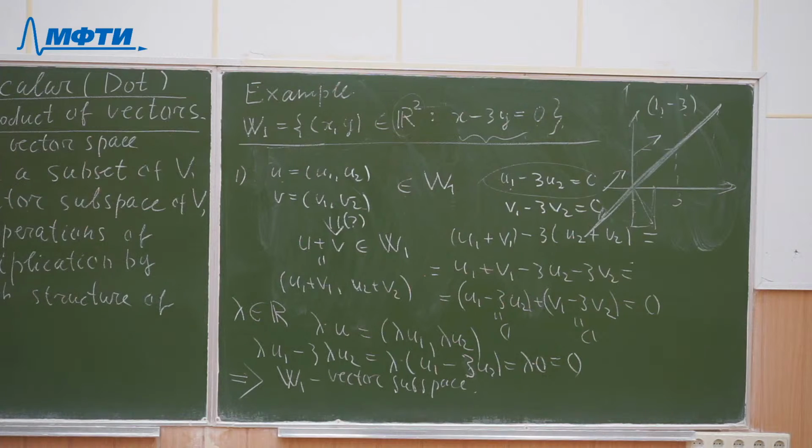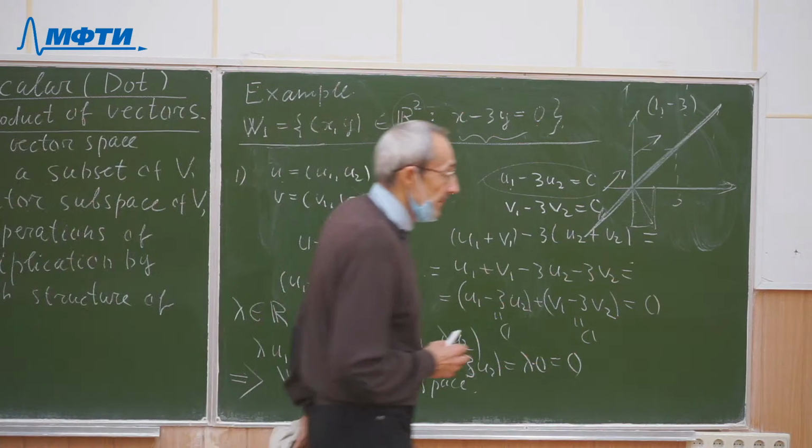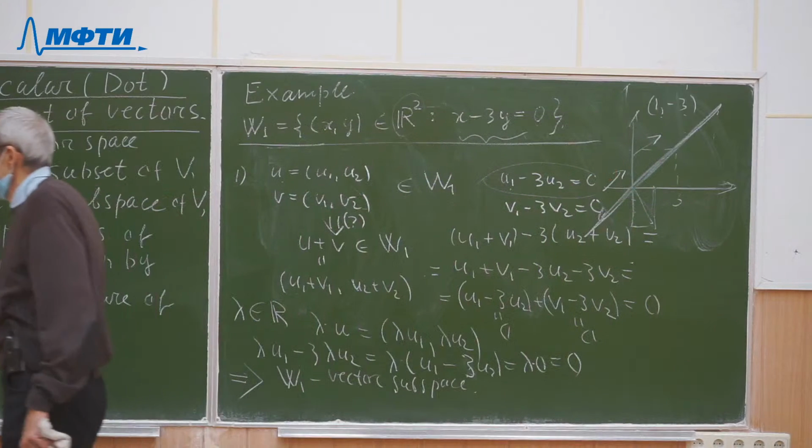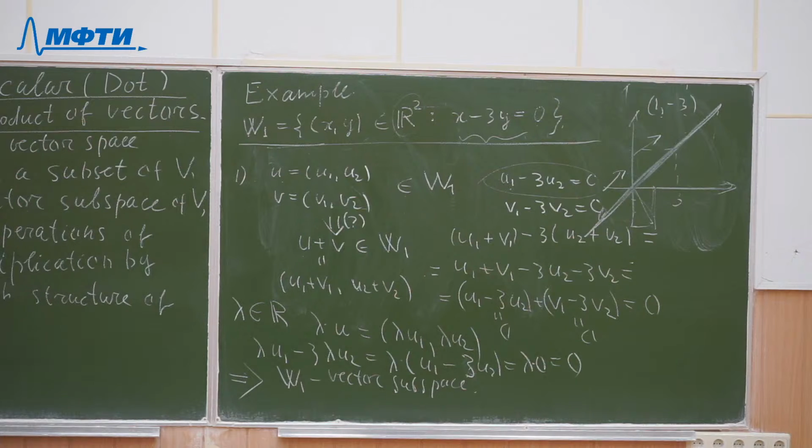In our physical vector space, we can measure distances between points of our physical space, and we can measure angles between straight lines and between vectors.